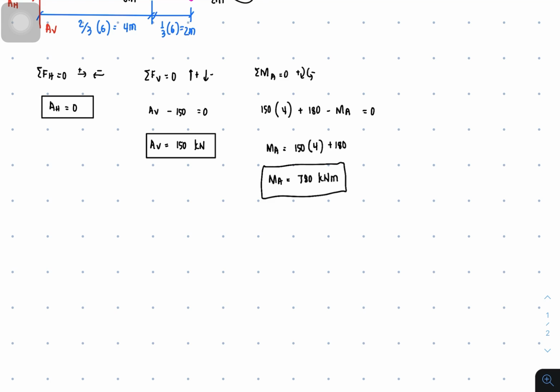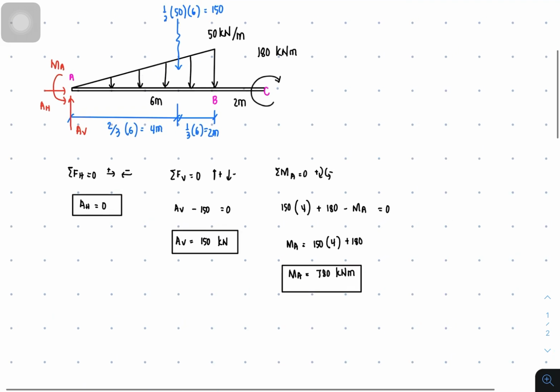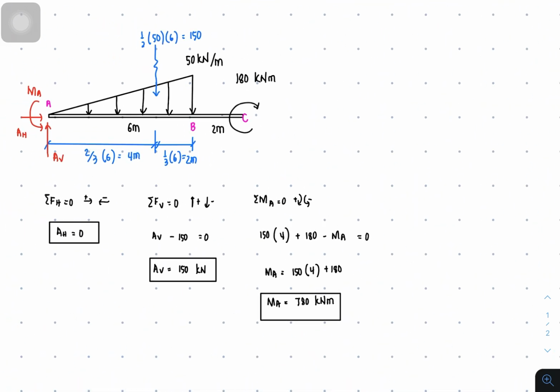That's our moment. So how do we know whether our answers are correct? Of course, we're going to do the checking. How do we check? Since we're done with point A, you still have points B and C. The reason why in previous examples we did not take moments at points where there is no support is that we don't want one of the supports to influence our answer, because we might not get the answers correctly.